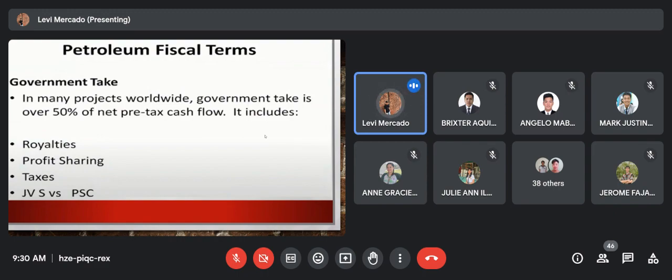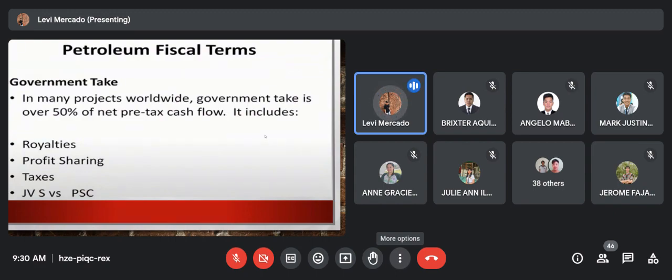Okay. Next ay petroleum fiscal terms. Ito naman, discuss naman natin ito mamaya in details, pero ito ay sa point of view ng government take in many projects involving international oil companies. Ang government take on that, palagi dapat. So yun lagi ang point of view ng government.